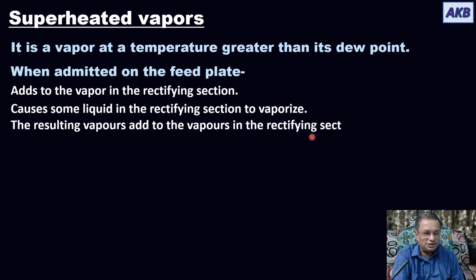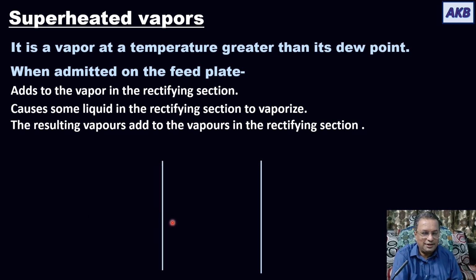Okay. So superheated vapor is entirely vapor. So when it enters the column on the feed plate, all of the vapor will be adding to the vapor in the rectifying section. Plus, due to its high temperature, it will be causing some portion of the liquid in the rectifying section to vaporize, and the resulting vapors will be getting added to the vapor in the rectifying section. So the schematic is very simple.